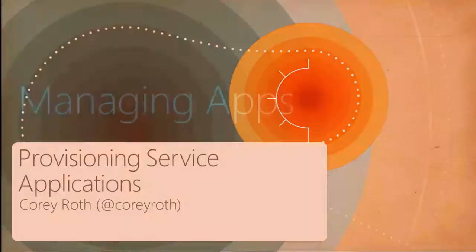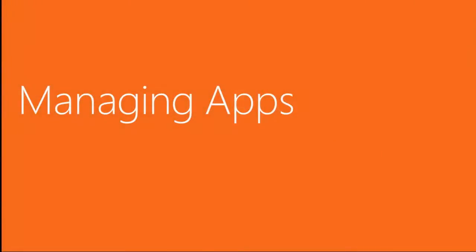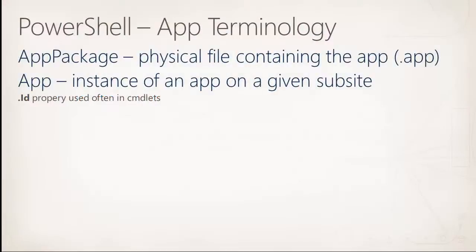So I want to talk about managing apps because this is kind of new. There's a lot of things we can do when it comes to importing and exporting. First you get the terminology right before you mess with it.